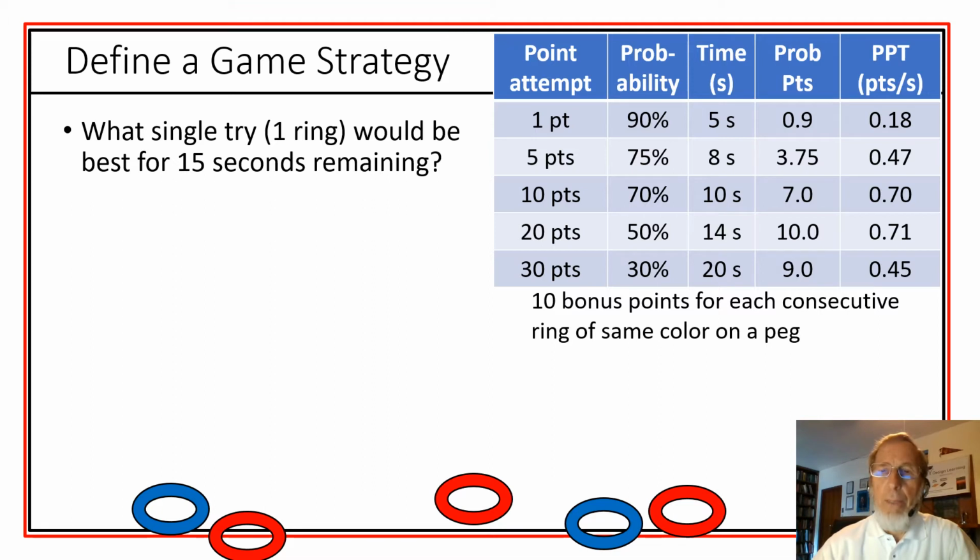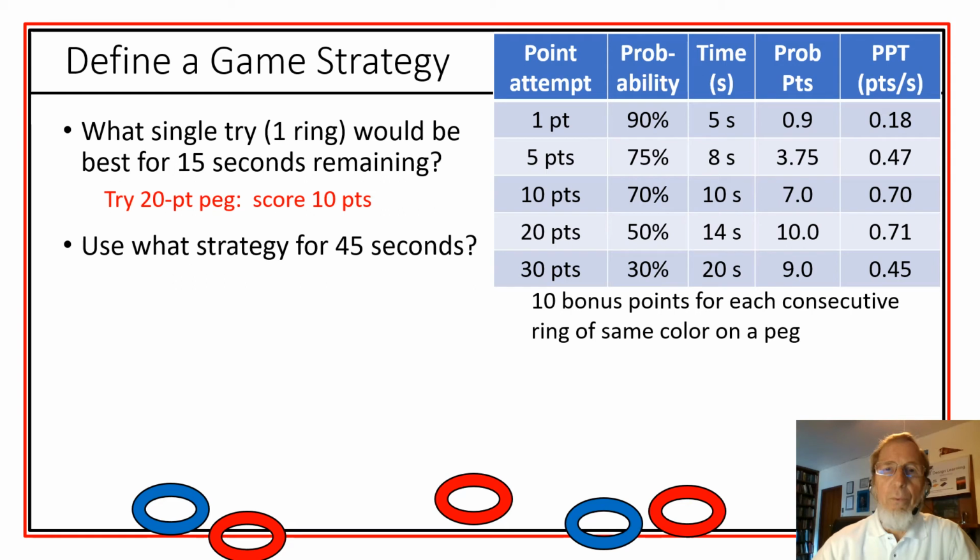Looking at our table, 15 seconds, we could try for 20, 10, 5, or 1, but not 30. All right? So which of those is going to give us the highest probable points? The 20-point peg. So from this information, we could make a strategy decision for that 15 seconds.